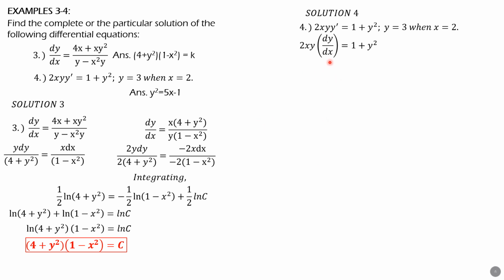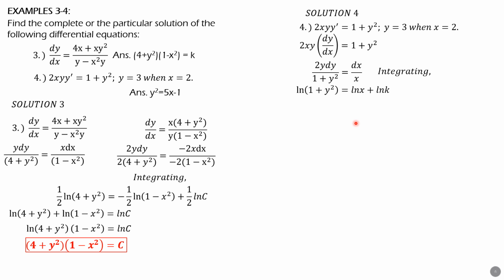Then we can rewrite this as 2y dy over (1 plus y squared) equals dx over x, which is now in the form of the integral of du over u, and the integral of dx over x, where the integral is ln. Integrating, ln of (1 plus y squared) equals ln x plus a constant, and we also write the constant as ln of k.